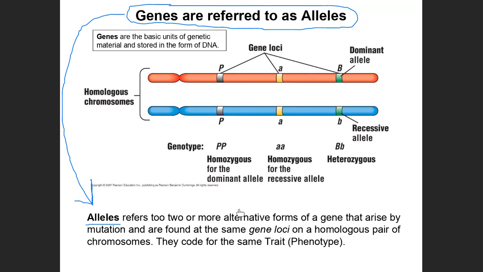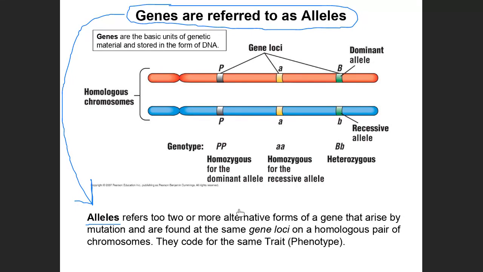Case in point, when we go over Gregor Mendel's pea plant studies. What he didn't know, but later geneticists discovered, is the reason why pea plants produce flowers with two different colors, purple and white, is because there are two forms of a gene that code for the pea plant flower color.